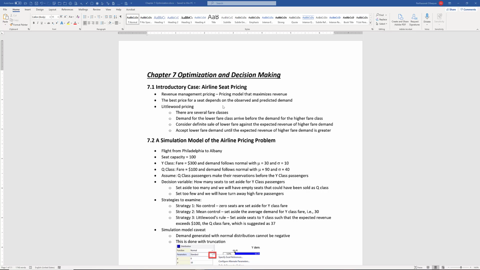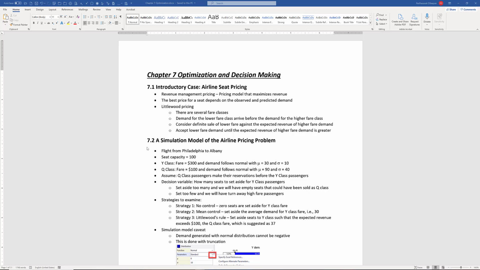And here we're going to make some assumptions, and that is that our demand for the lower fare class will arrive before the demand for the higher fare class. So that's a simplifying assumption. So your lower fare seats will get sold out before we start selling the higher fare class. Then we're going to consider the definite sale of a lower fare against the expected revenue of a higher fare.